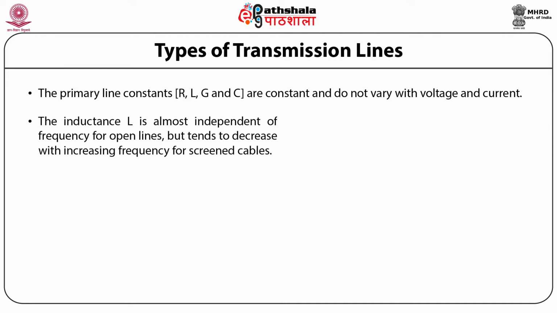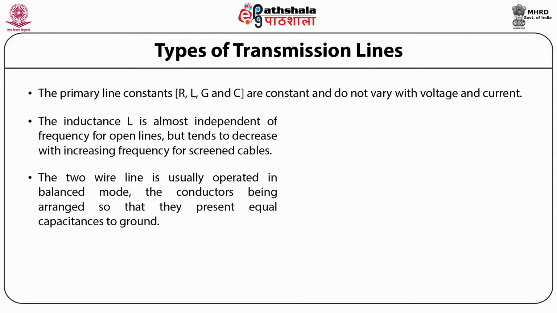The inductance L is almost independent of frequency for open lines, but tends to decrease with increasing frequency for screened cables. So the two-wire line is usually operated in the balanced mode, the conductors being arranged so that they present equal capacitances to the ground.